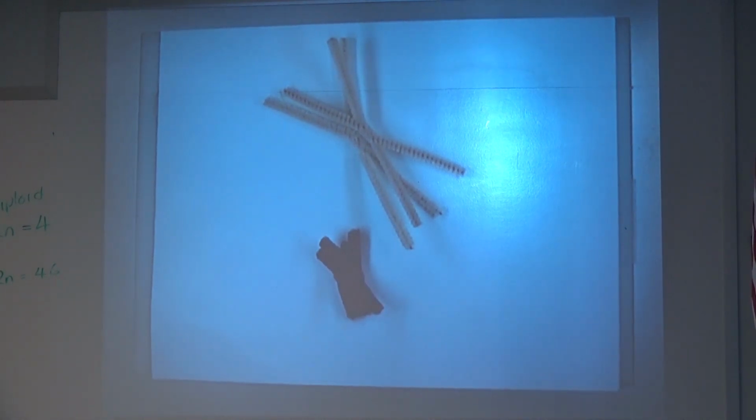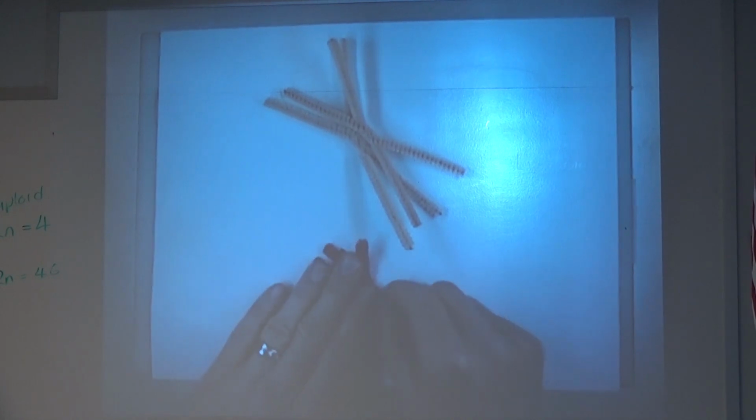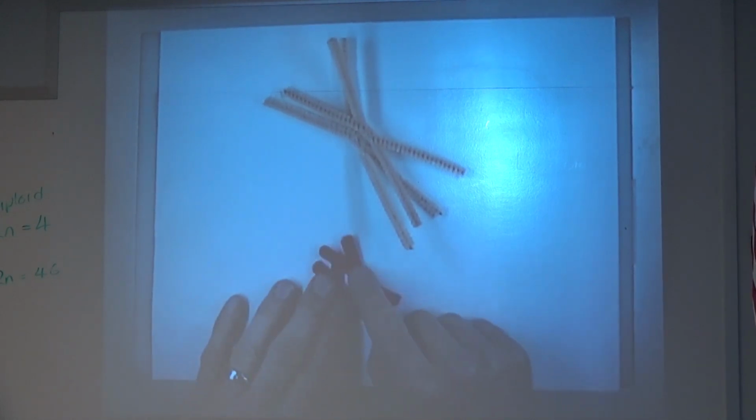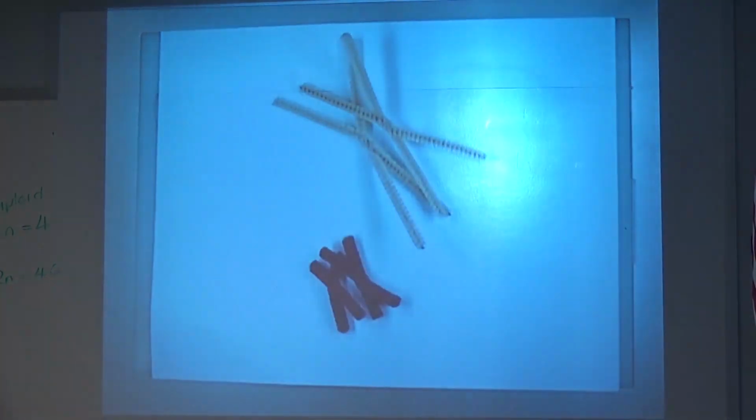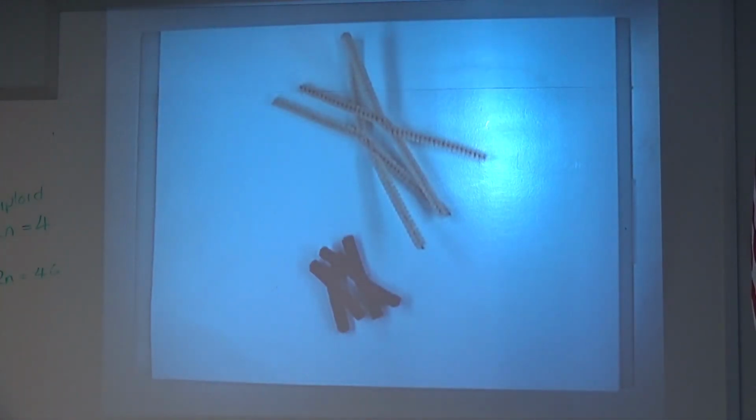So my pairs of replicated chromosomes are finding their partner and they're lying side by side. This did not happen in mitosis, right? This is a new thing.